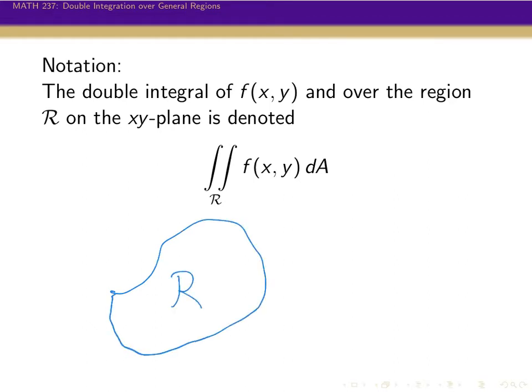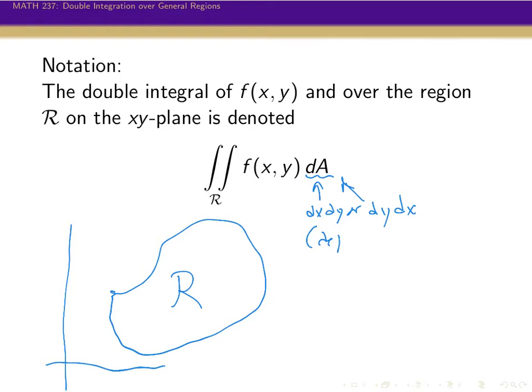We're looking down on the xy plane, so there's our axes, there's R. This dA here is called an area measure, and dA is either equal to dx dy, if we're to integrate in terms of x first and then y second, or dy dx. Which one it is just depends on what we're integrating first.